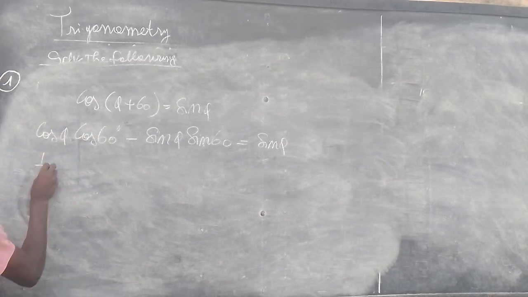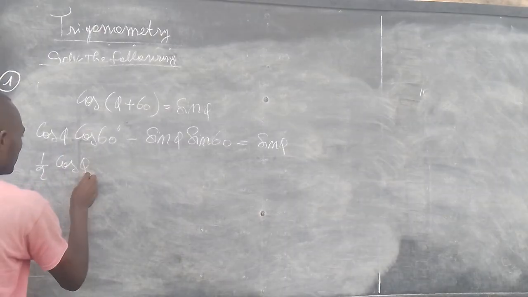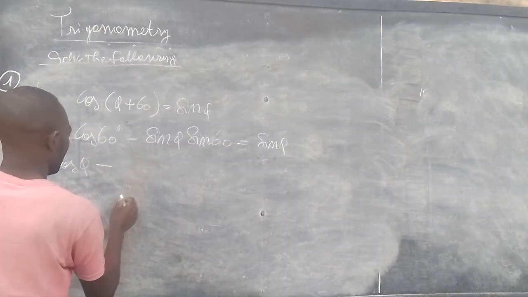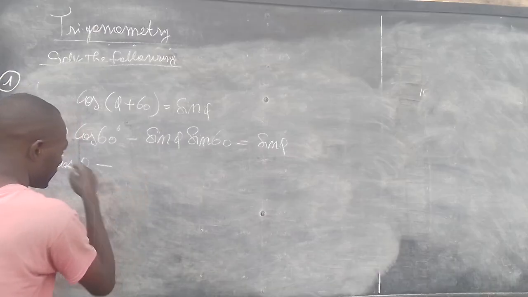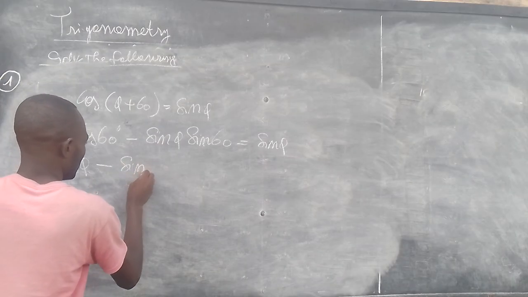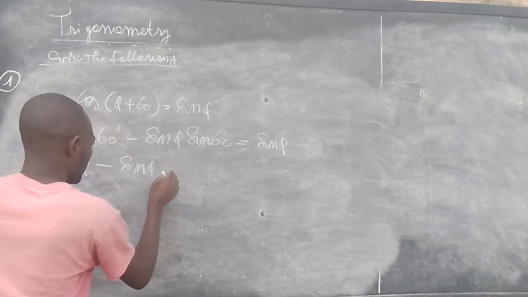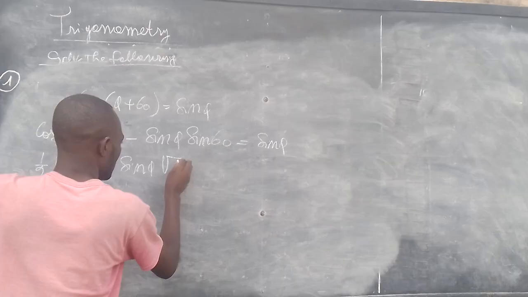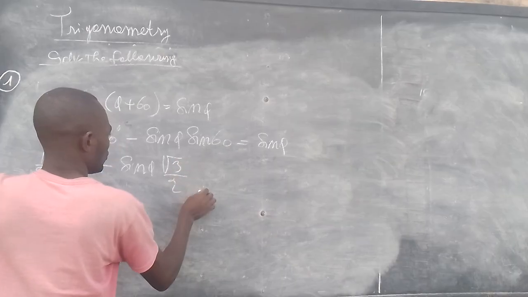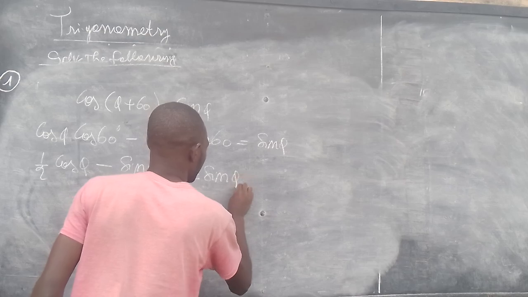1/2, we will have cosine 5 minus, sine 5 times square root of 3 over 2, equal to sine 5.